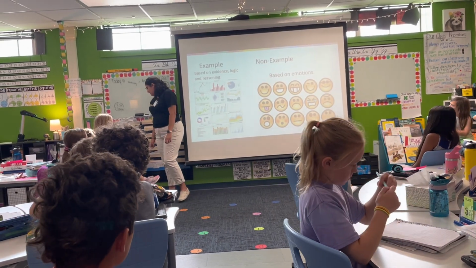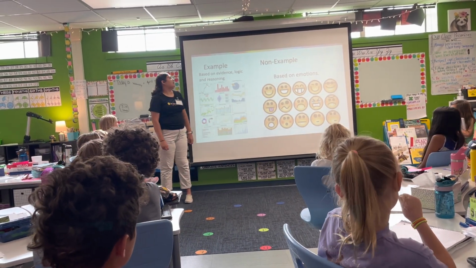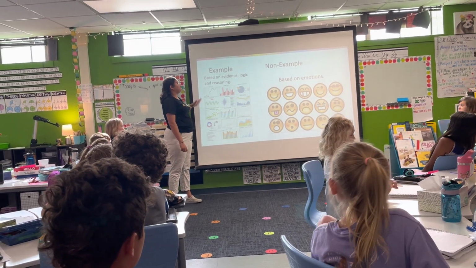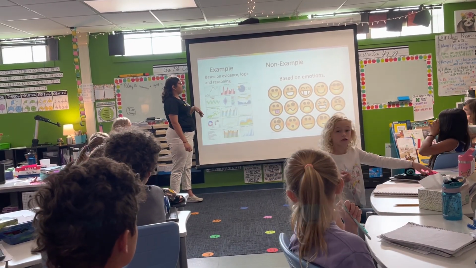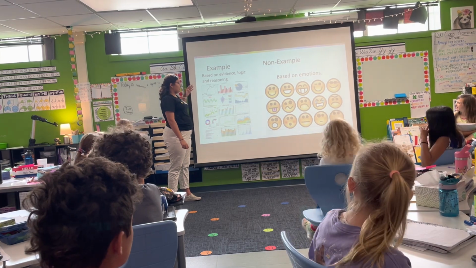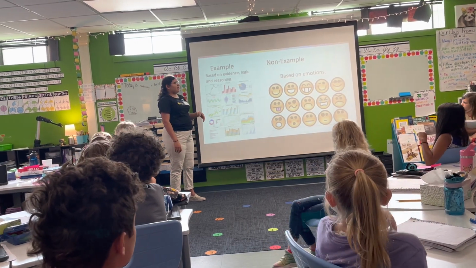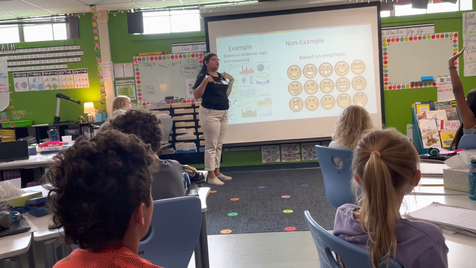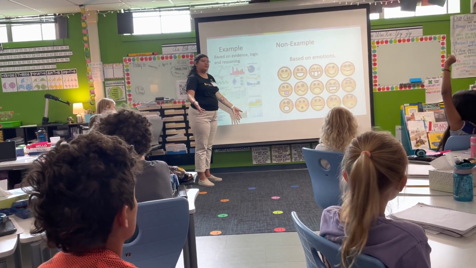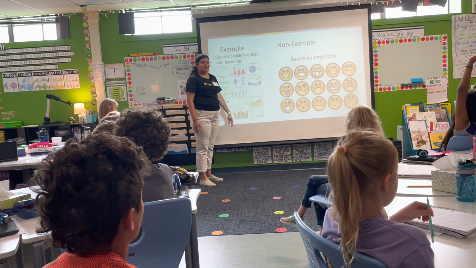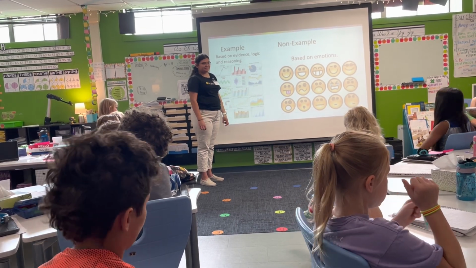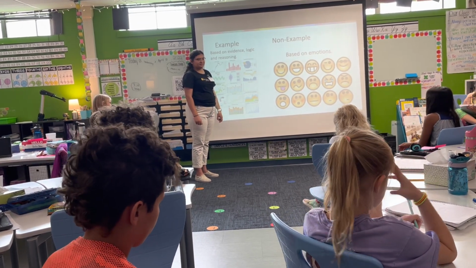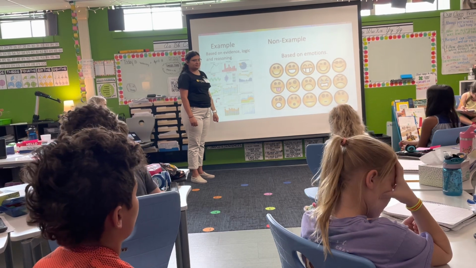Alright, this is the next example, which is that it has to be based on evidence, logic, and reasoning, like how we've been talking about. And the non-example is based on emotions. So you won't use your own emotions to back up what you're trying to say. For the example, we want to use graphs.